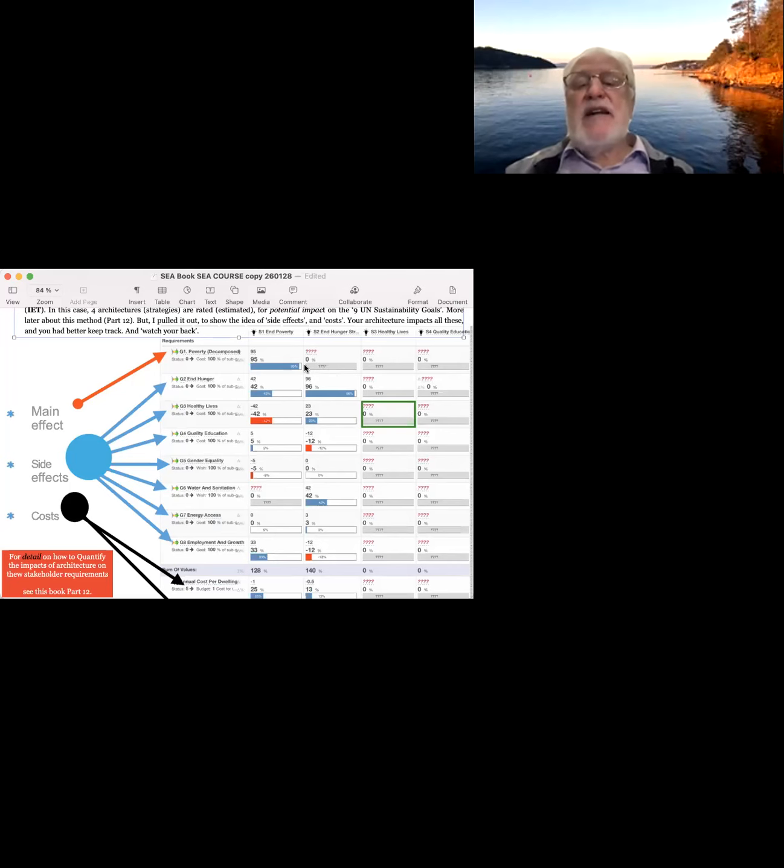Now, let's just say, for example, we implemented S2 and we got 100% of end poverty. That's a possibility. Then there would be no need for S1 at all. We dump it because we've already achieved G1 accidentally, and we didn't know it until we measured it.